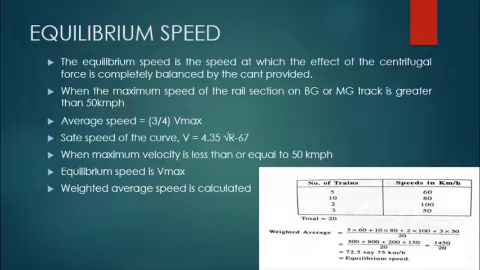When the maximum speed of the rail section on broad gauge or meter gauge track is greater than 50 km per hour, then the equilibrium speed will be equal to 3/4 of the maximum speed, and the speed on the curve will be equal to 4.35 root of R minus 67. And if the maximum velocity is less than or equal to 50 km per hour, then the equilibrium speed will be the maximum speed.